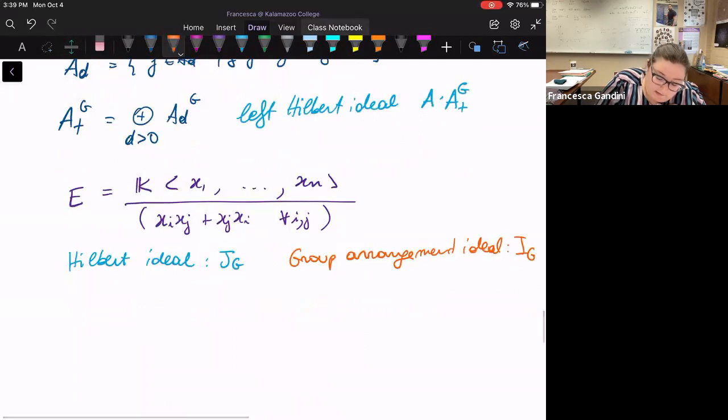In this context of the exterior algebra, I prove a theorem very similar to the same kind of result in the symmetric algebra, the polynomial ring.